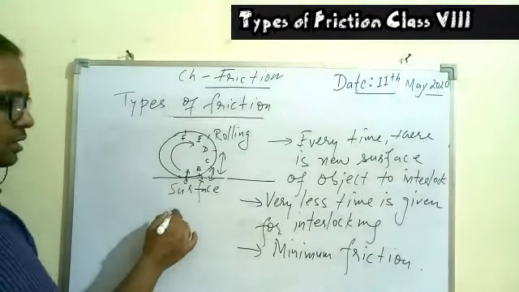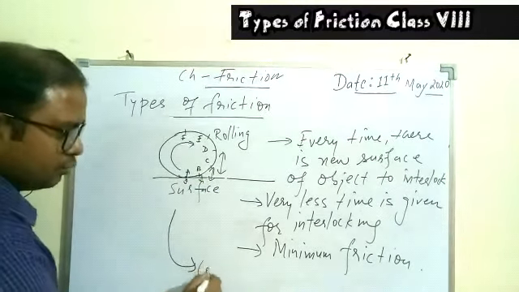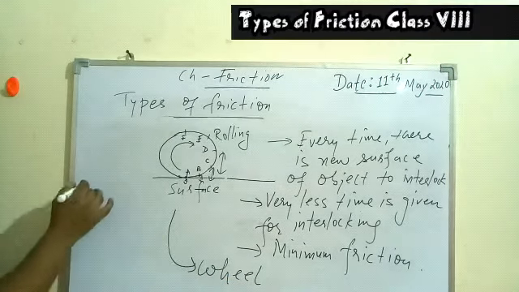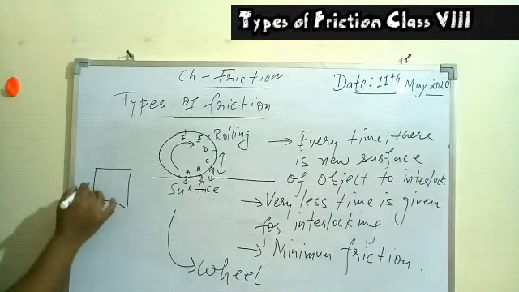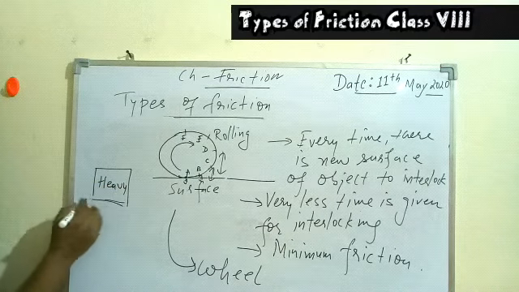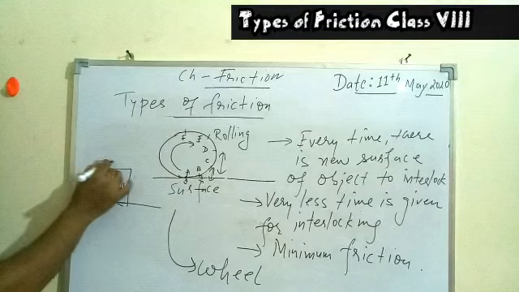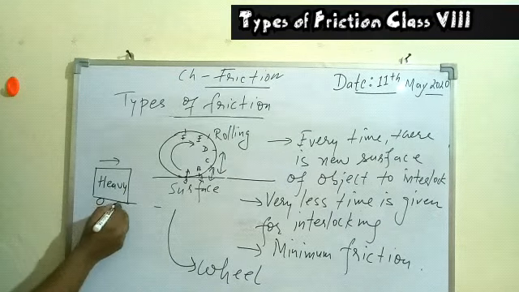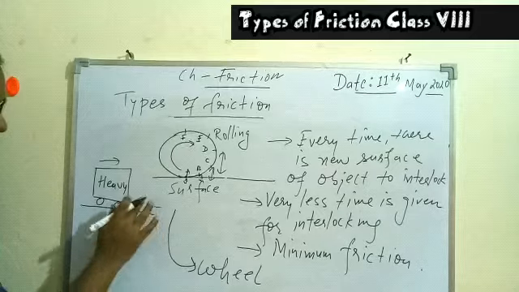And that is where we started the concept of the wheel. If any object is quite heavy and it's difficult to move this object on a surface, what can we do to move it? We can attach wheels.